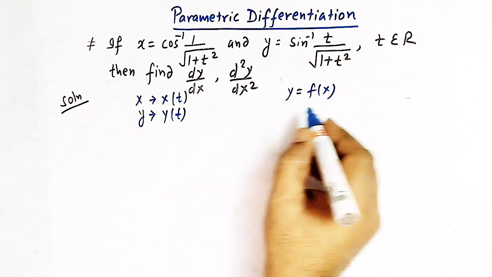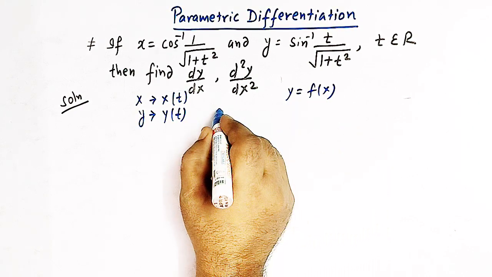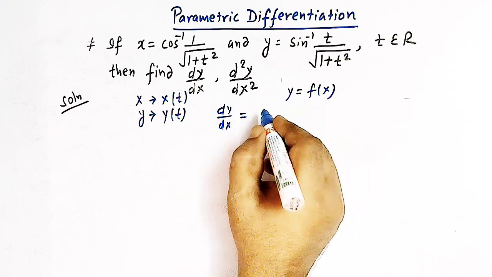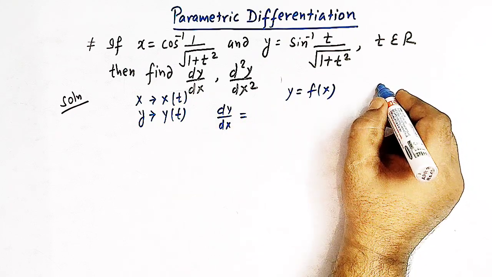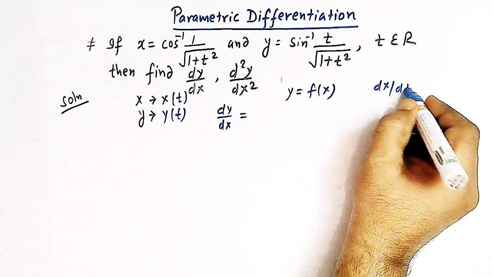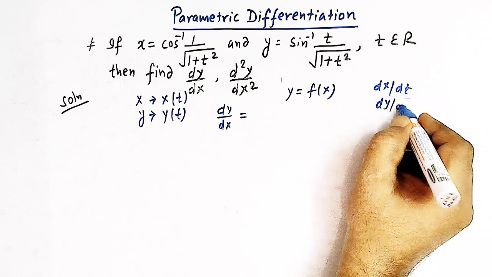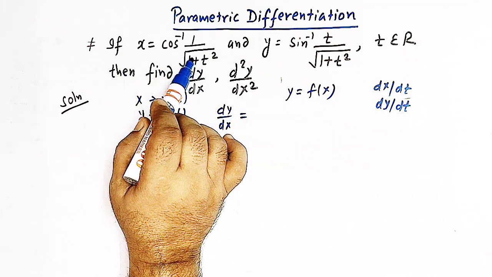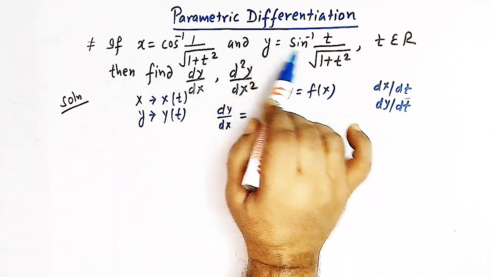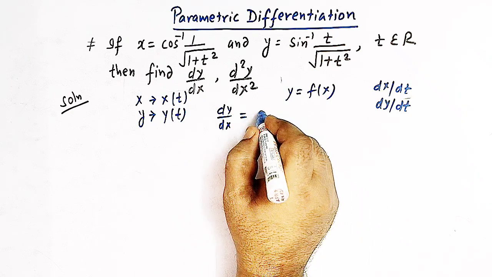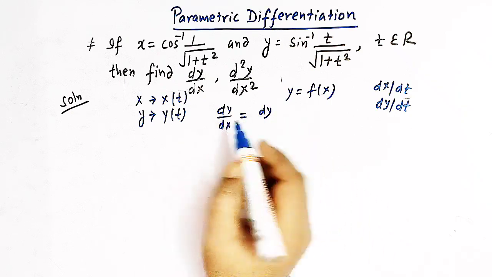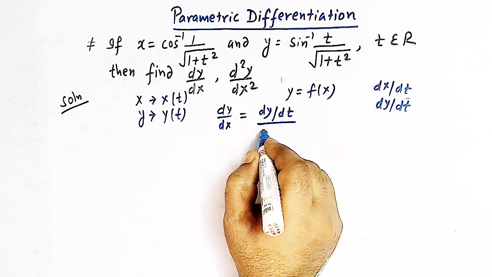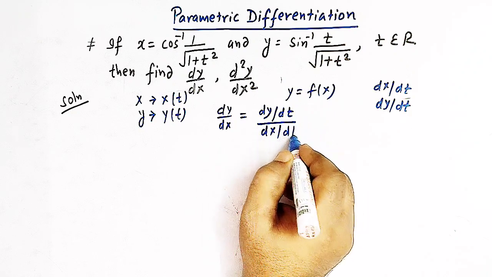To get dy over dx, we first find dx over dt and then dy over dt. So first we find the derivative of x with respect to t, then the derivative of y with respect to t, and then we find dy over dx by dividing dy over dt by dx over dt.